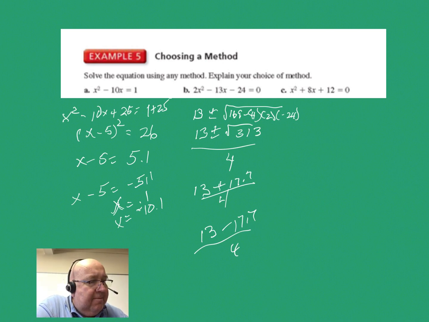So 30.7 divided by 4 equals 7.675, and negative 4.7 divided by 4 equals negative 1.175.